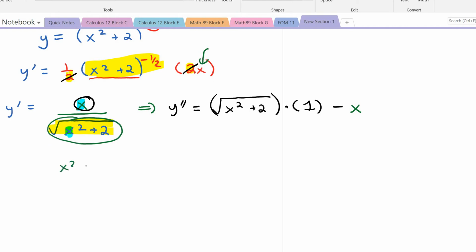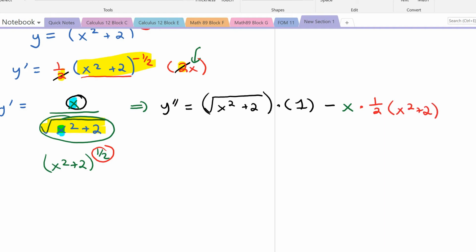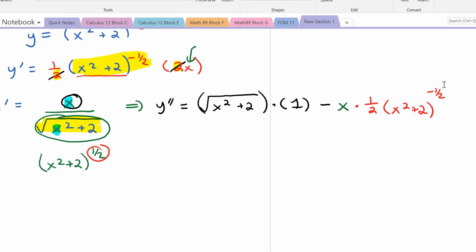This is really (x squared plus 2) to the power of 1/2. If you take the derivative of that, the 1/2 comes in front, so I will put a 1/2 in front, bracket (x squared plus 2) to the power of negative 1/2. And then the chain rule states that you need to take the derivative of the inside guy, which is 2x.